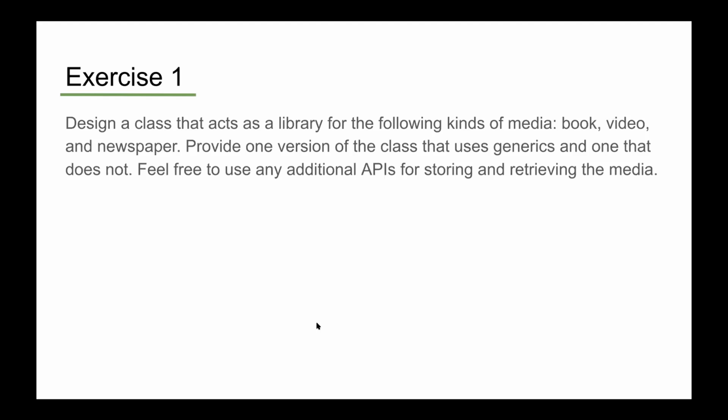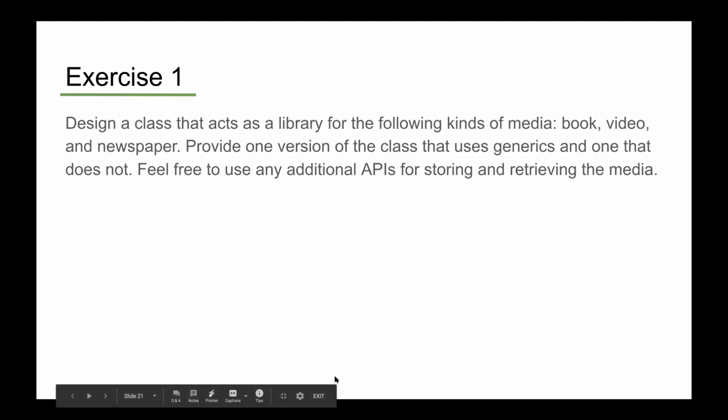Three classes: book, video, and newspaper classes. And actually five. The last class is the class which stores these book, video, and newspaper without generics. Okay, thank you. You're welcome.